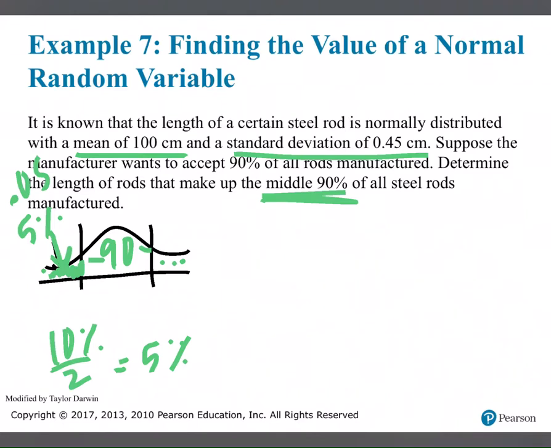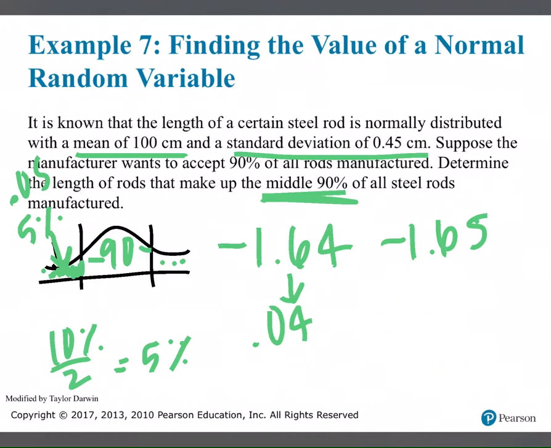And that's a small area, so I'm going to have a small z-score. If you look, negative 1.64 and negative 1.65 give me areas very, very, very close to that. Negative 1.64 gives me an area of 0.0495.